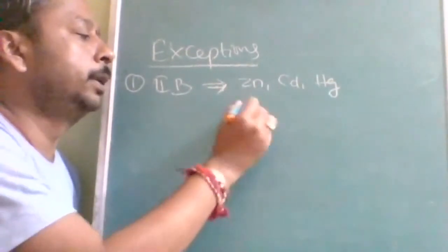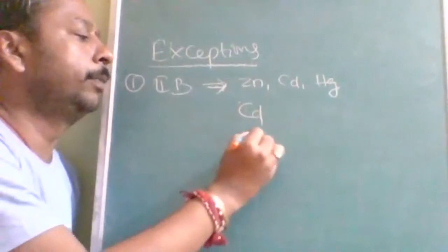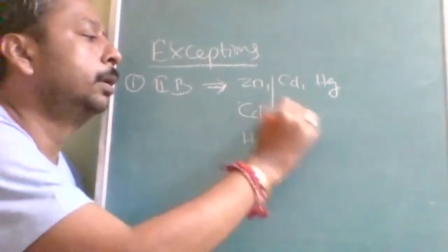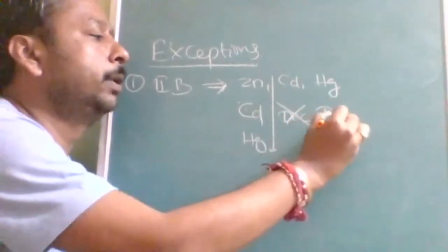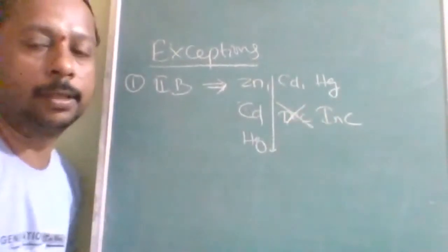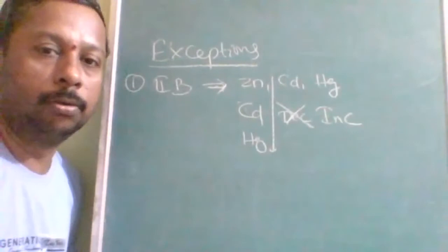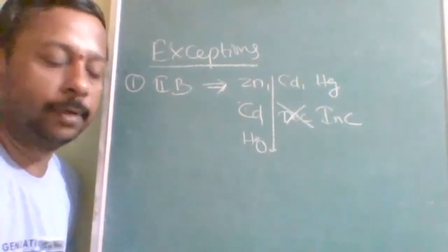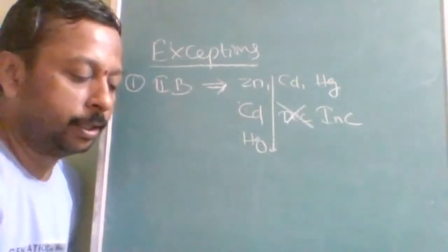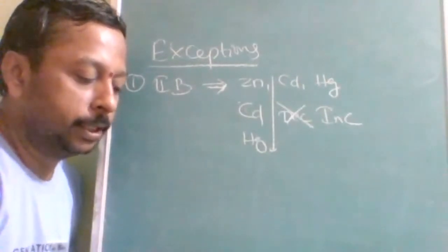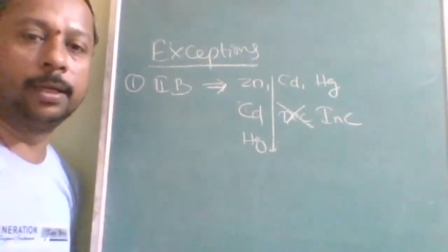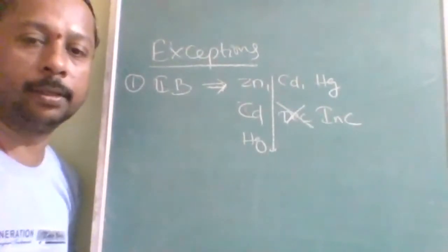Actually, down the group it should decrease, but as an exception it will increase. First exception, is it understood? Down the group from zinc, cadmium and mercury, instead of a decrease in electronegativity, there will be an increase in electronegativity. This is the first exception.